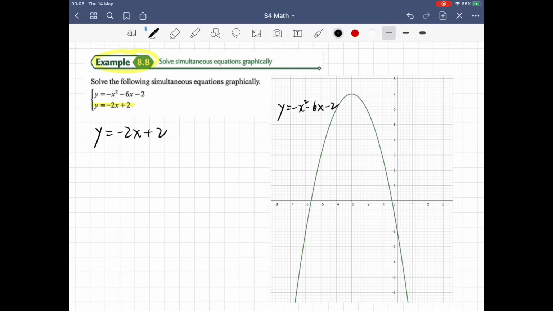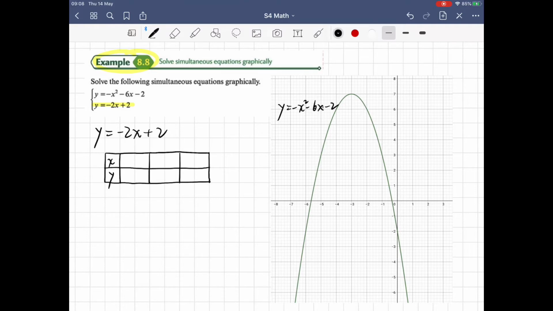And when we want to draw this equation for a straight line, we have to first construct a table. And we have to find some points for x and y.